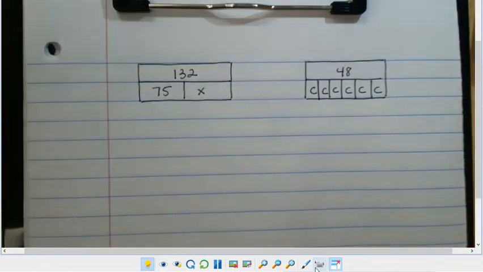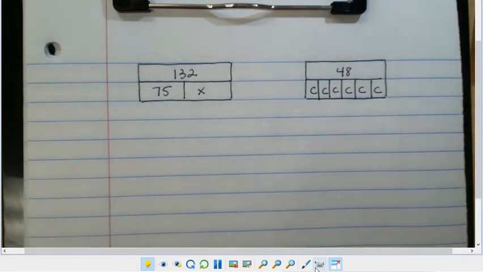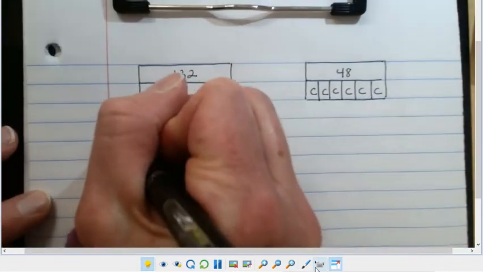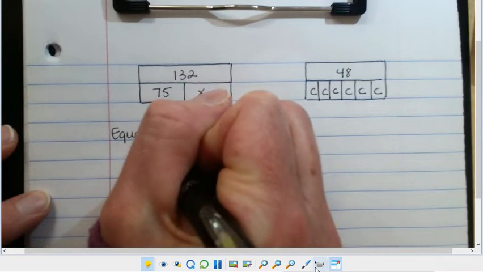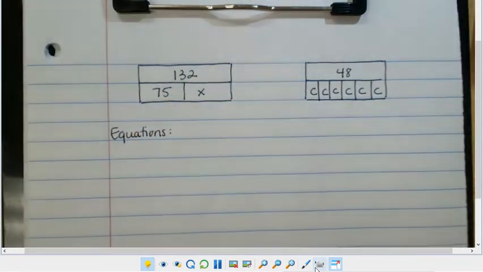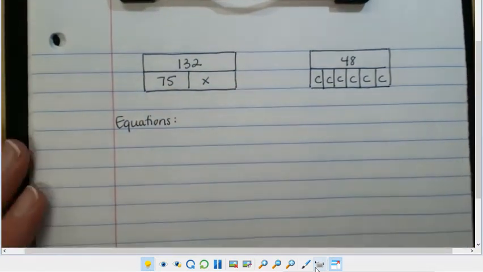So draw those two, pause the video, and I want you to see what equations you can write for each of these. Try to write 4 for each one.